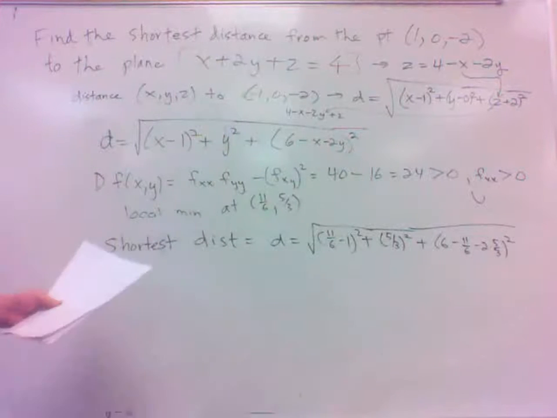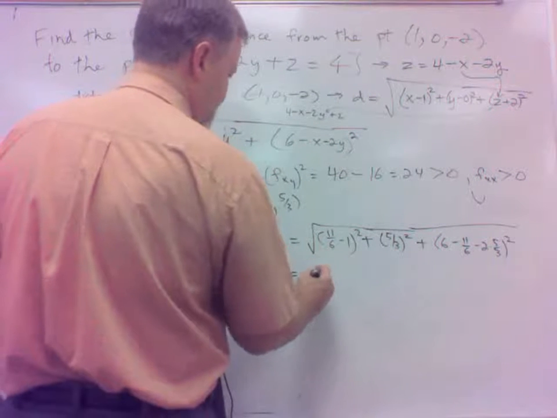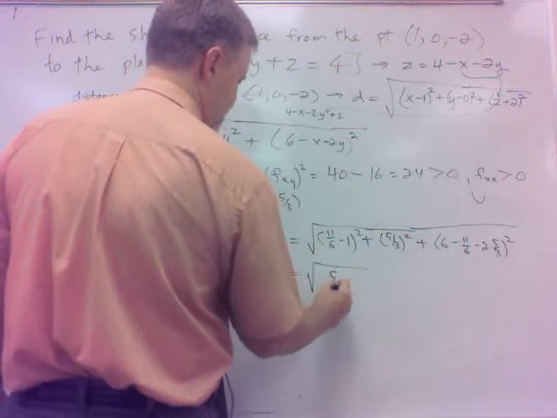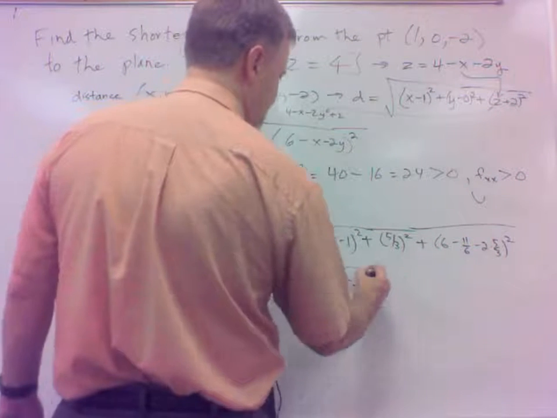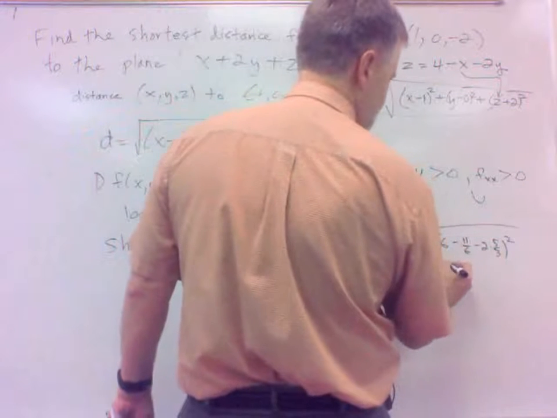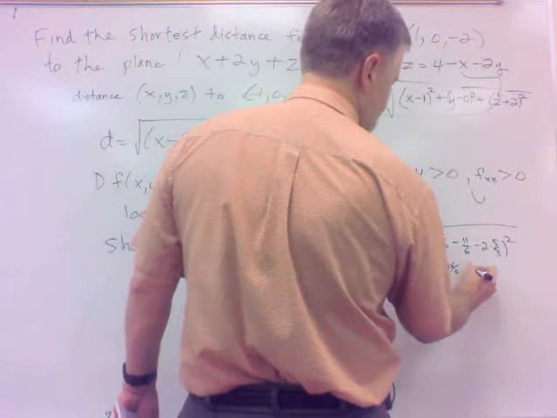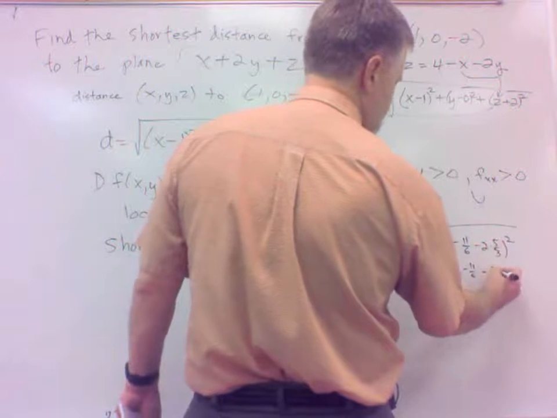Okay. That would be 5/6 squared plus 5/3 squared plus, this would be 6, which is 36/6 minus 11/6 minus 10/3 would be 25/6.